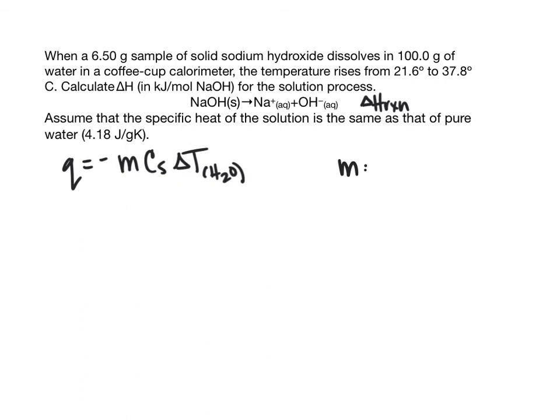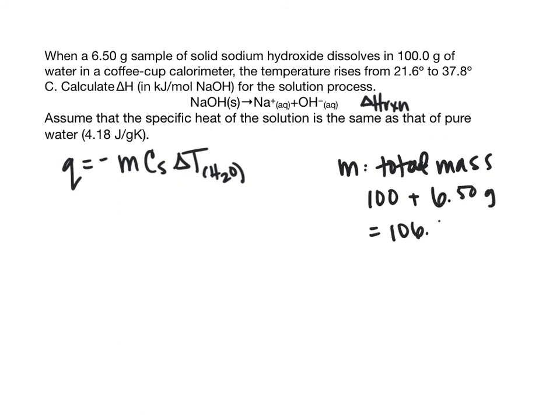So is it just 100? But it's only 100 grams of water plus 6.5 grams of sodium hydroxide. So the mass is going to, again, be the total mass, which is going to equal 100 plus 6.50 grams, which gives us 106.50 grams.